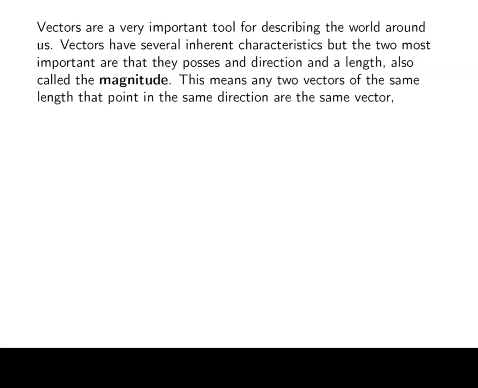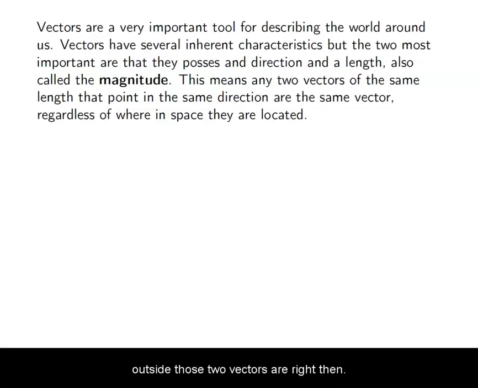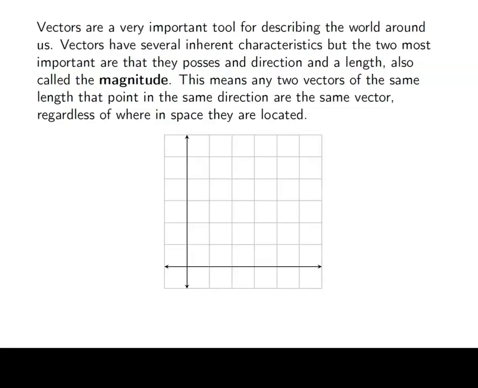You can think about that in terms of earthquakes. A large magnitude earthquake is a big earthquake. A small magnitude earthquake is a little earthquake. So again, if I have 2 vectors in space, it doesn't matter where I place them. As long as those 2 properties are the same, the length and the direction, then those 2 vectors are identical.